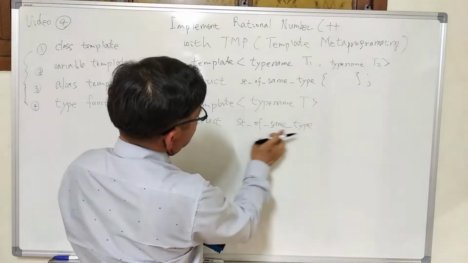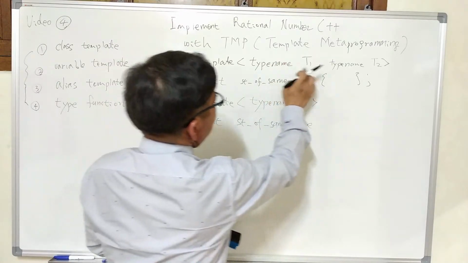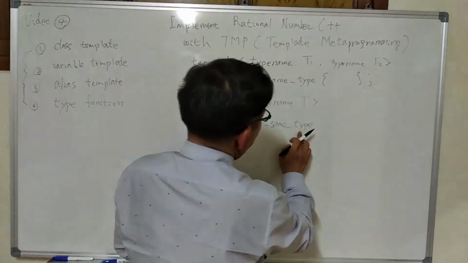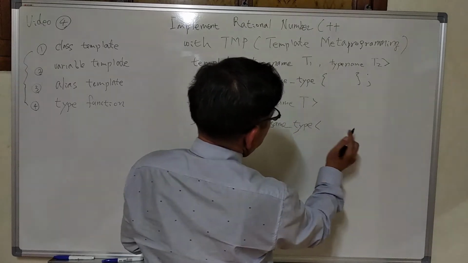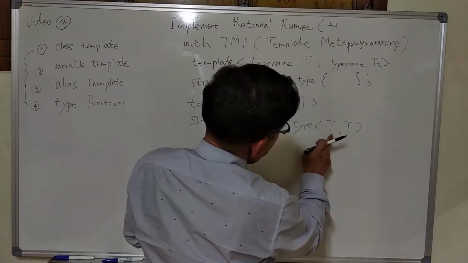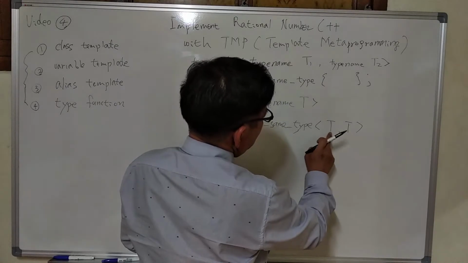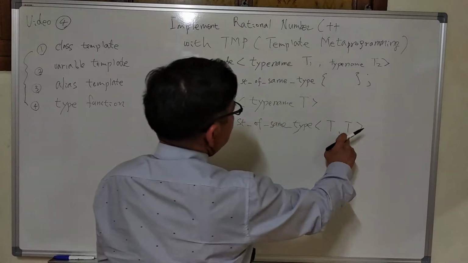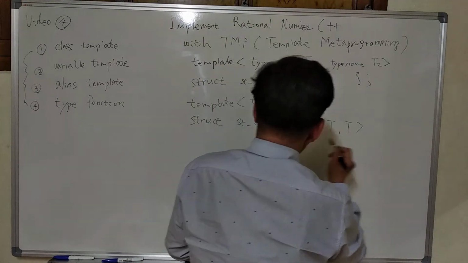See, the class name is the same, template type name or type parameter can be different, but should be of same. We need T. This is the template argument T. Template parameter list. It has two parameters, so it should have two arguments.